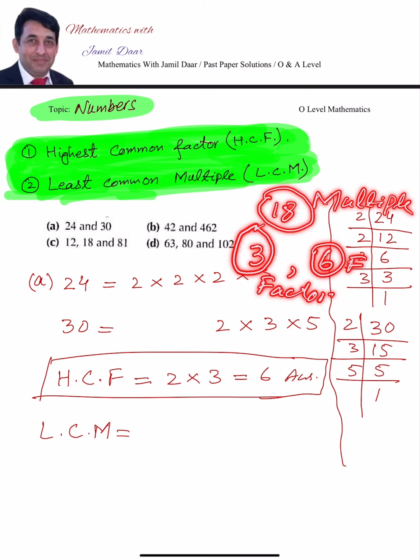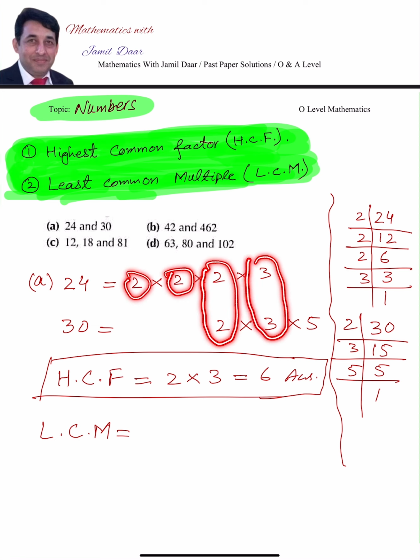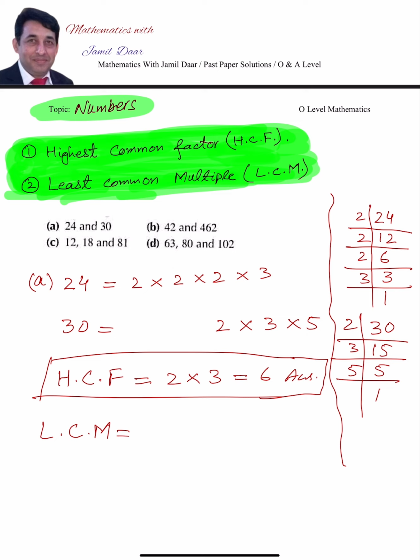So we have to find a number which is divisible by both of these, so it should contain all these components. We start with 2, which is non-common, 2 non-common; this 2 is common, so we write it once. 3 is common, so we write it once, and the non-common 5 we write once. This becomes 2 times 2 times 2 times 3 times 5.